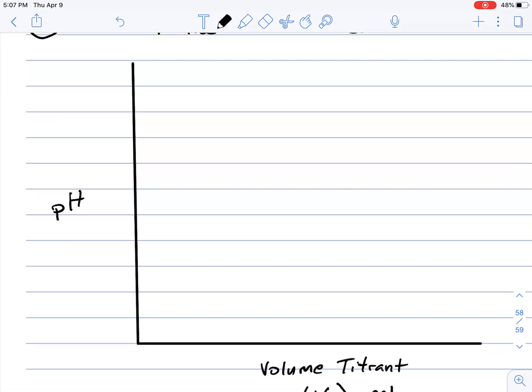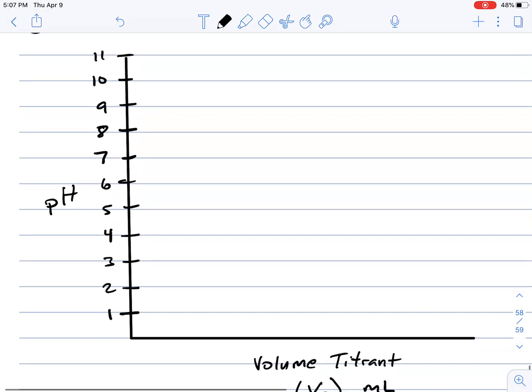So I'll just do 1, 2, 3, 4, 5, 6, 7, 8, 9, 10, 11. Okay, maybe not enough room.